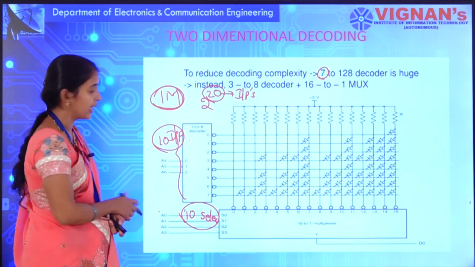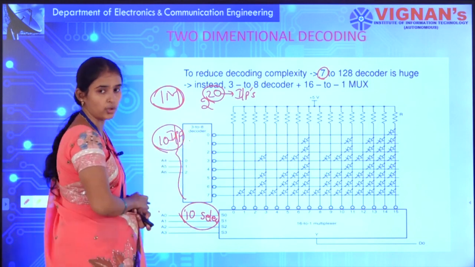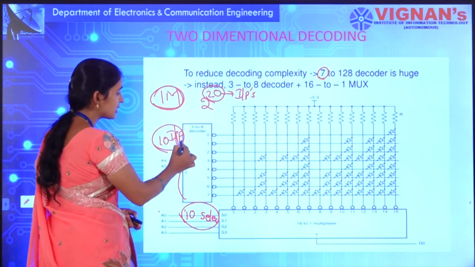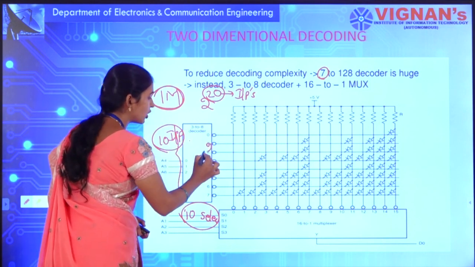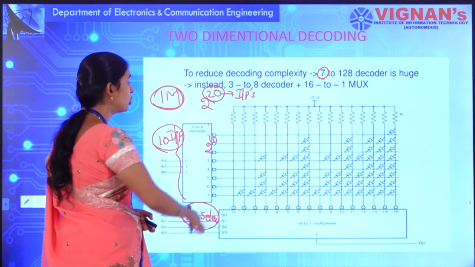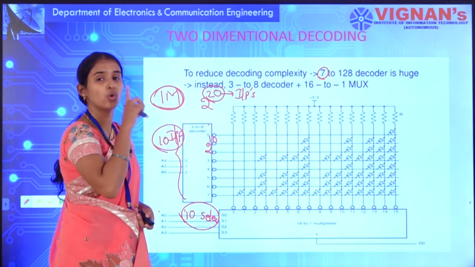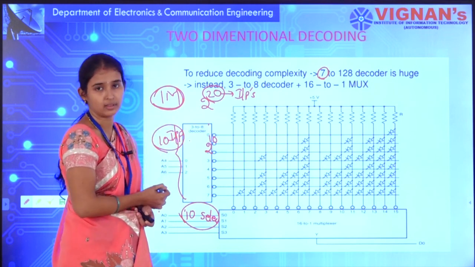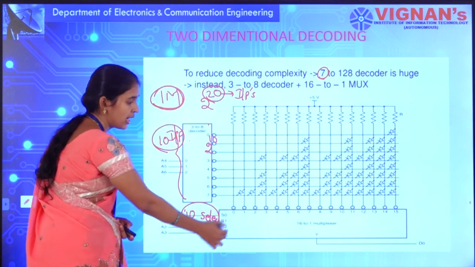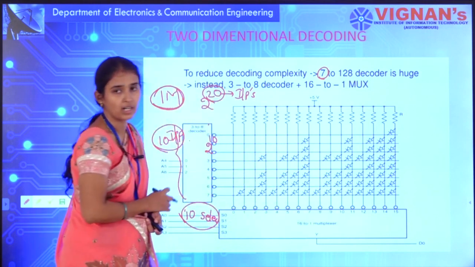If it is a 10 input decoder, what will be your output? As it is a 10 input decoder, you will have 2 power 10 output lines, out of which only one line will be active high. And you will have 10 selection lines, out of which you will have only one output.